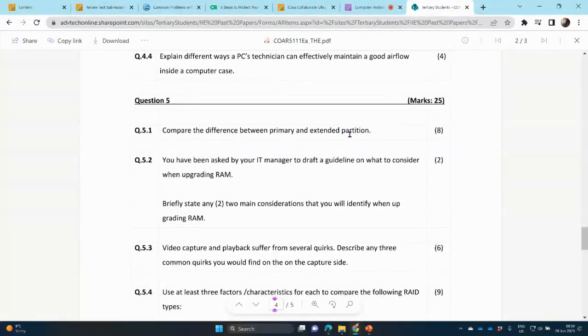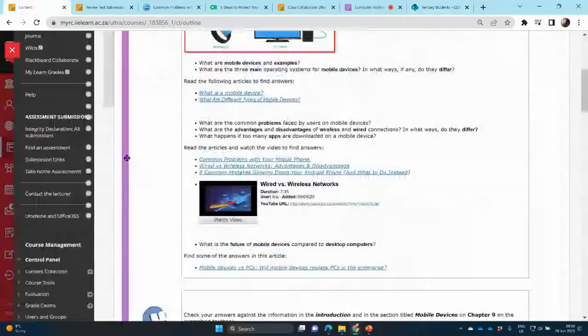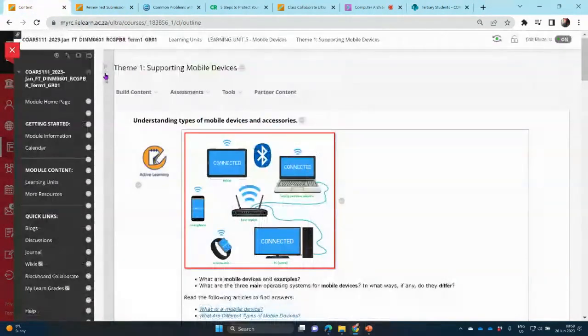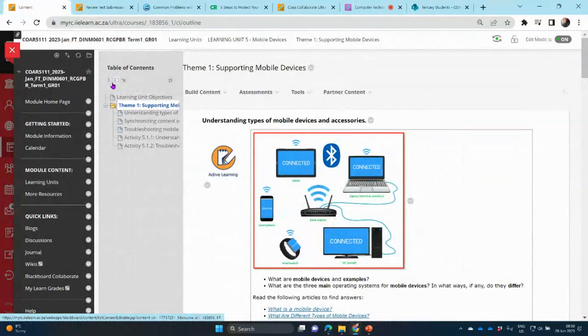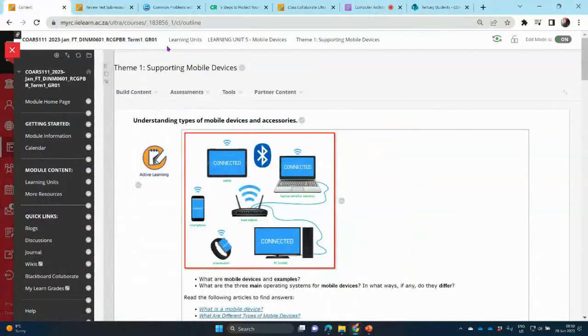Compare the difference between primary and extended partitions. This is discussed in the chapter in this section here, which would be learning unit 4.